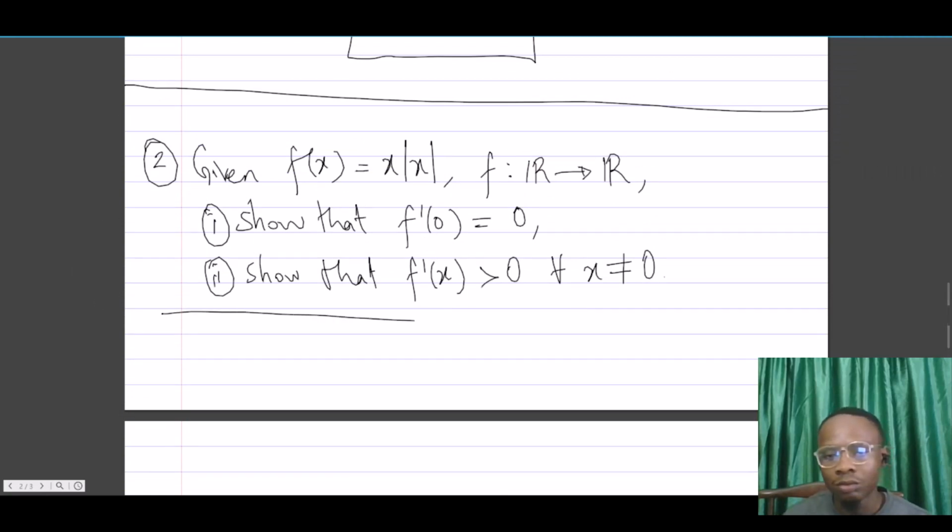In this case, we have our function f of x equals x multiplied by the modulus of x.